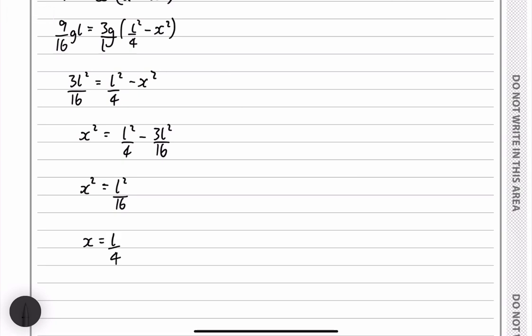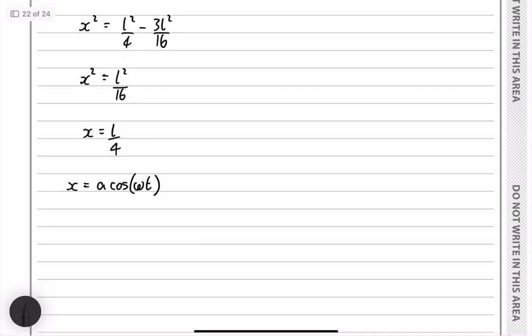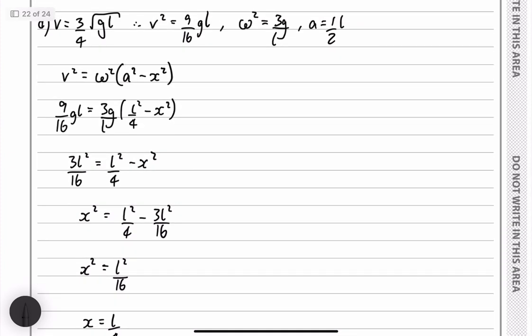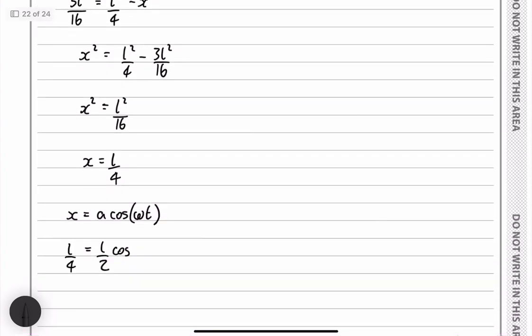Now if we remember that x is equal to a cos omega t for simple harmonic motion, starting at one extreme end of the motion, i.e. at A, then we can work out by putting in what we know: L/4 equals L/2 cos of root 3g over L times t.